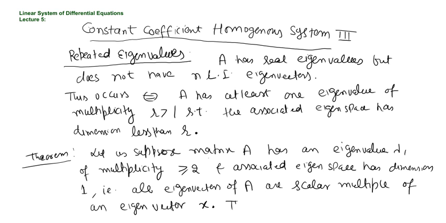So then there are infinitely many vectors u satisfying the matrix equation (A minus lambda 1 I) times u equal to x. So there are many vectors u, and you pick one of them.